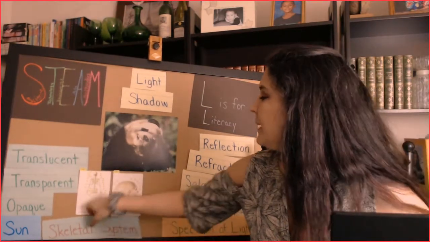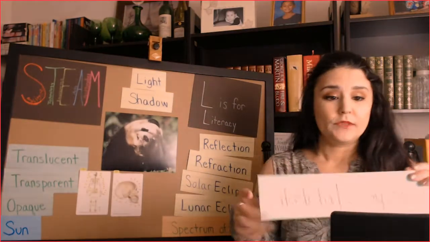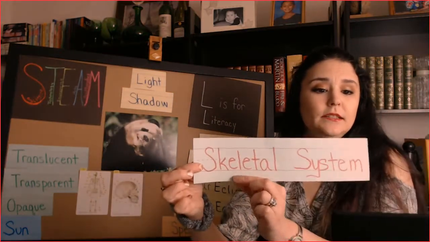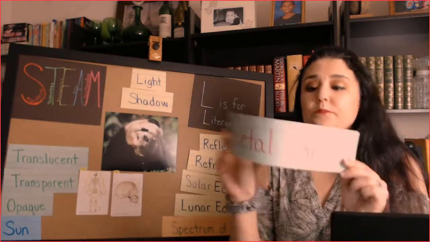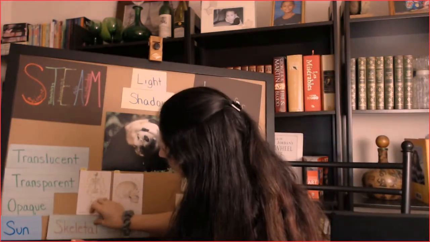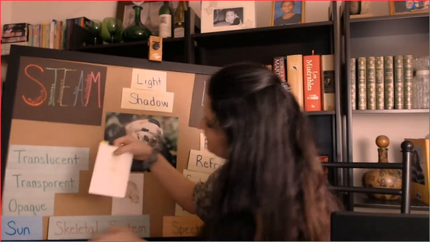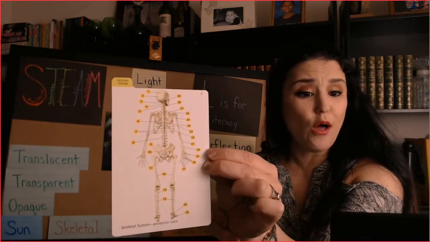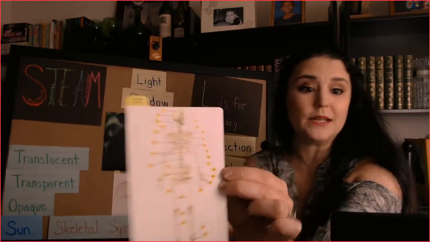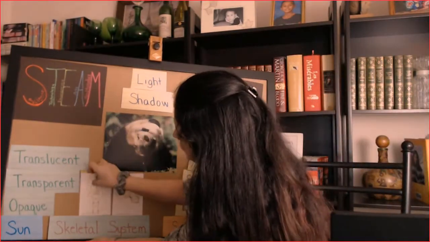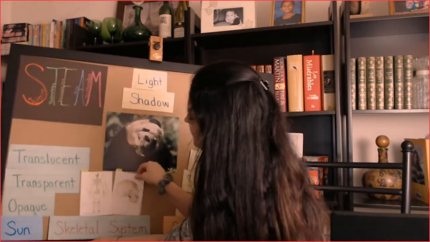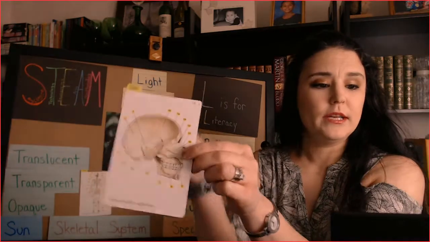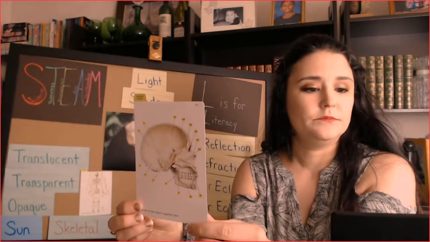And we've talked about our skeletal system when we talked about the bones in our foot. This is your entire skeletal system. Those are all the bones in your body. And today, the part of the skeletal system that we are going to talk about is your skull.